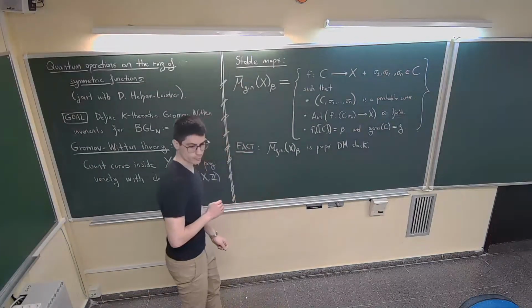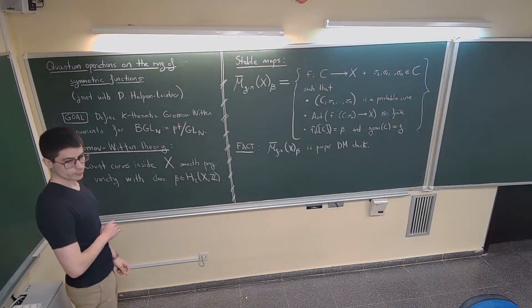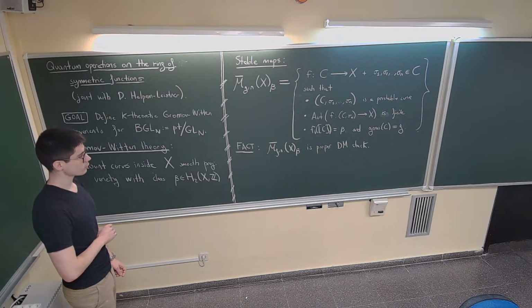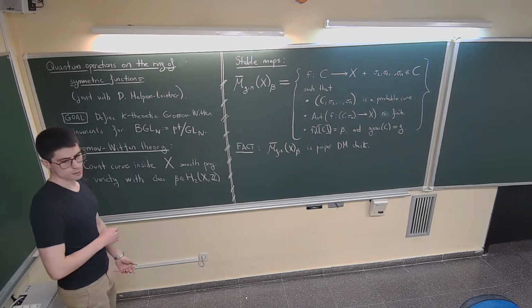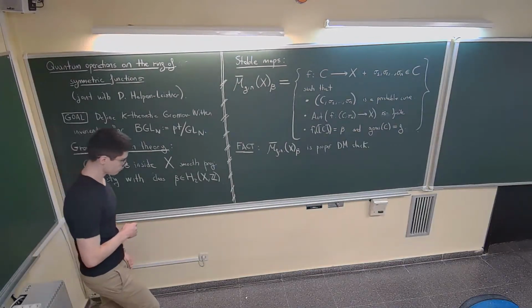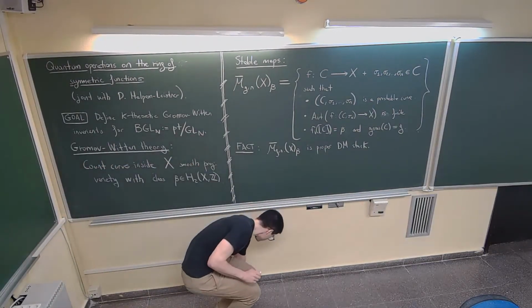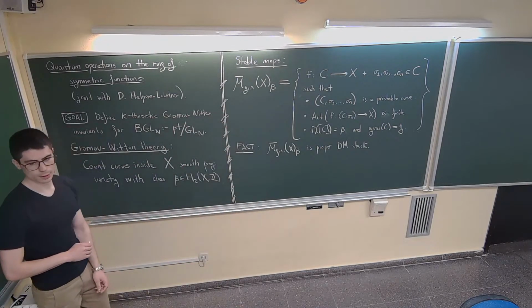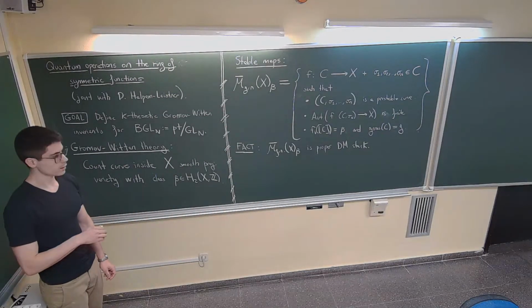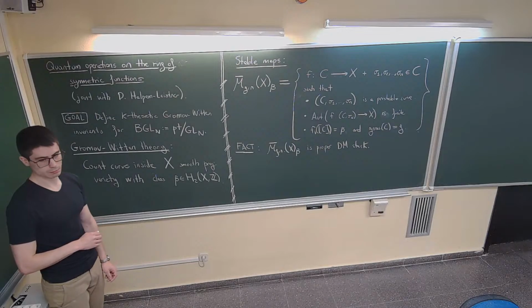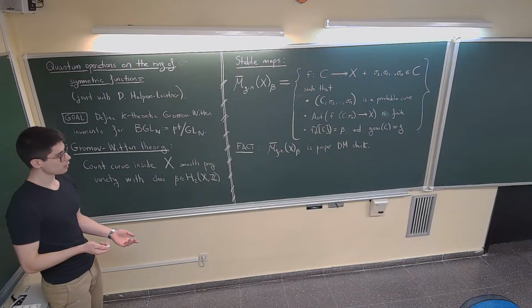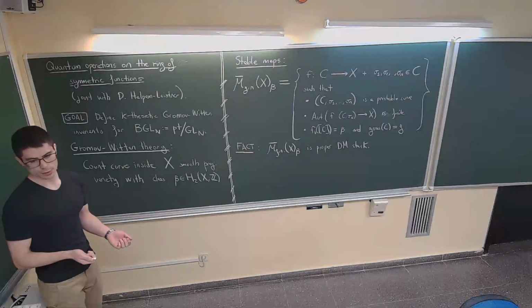Do you want this stack to have expected dimension 0 so that the volume makes sense? No, it's just virtual dimension, whatever it is. I'm not imposing that this is Calabi-Yau. And then the counting is just the volume? Well, it's the volume with some insertions.